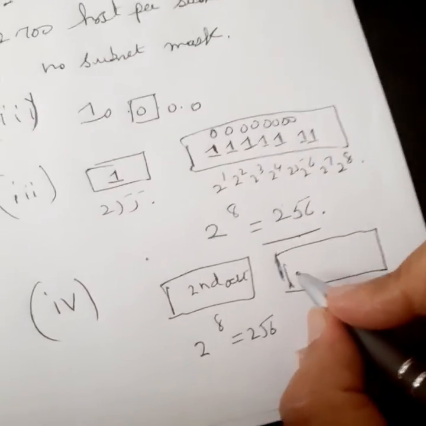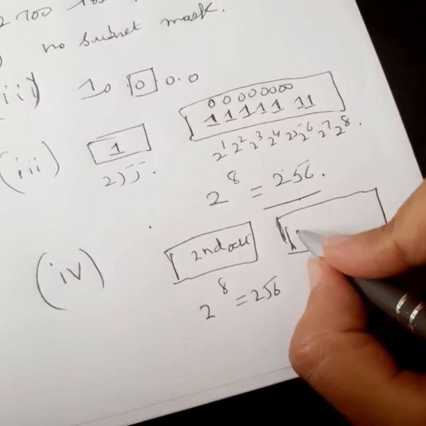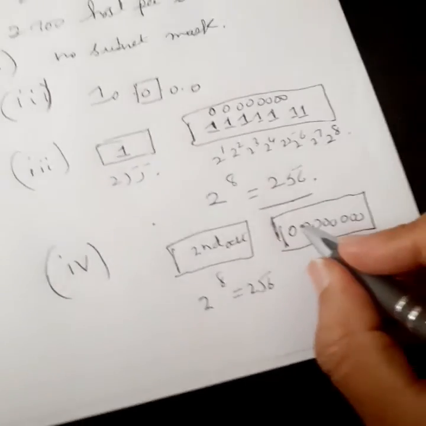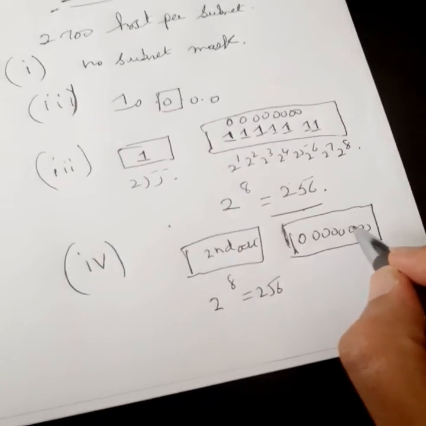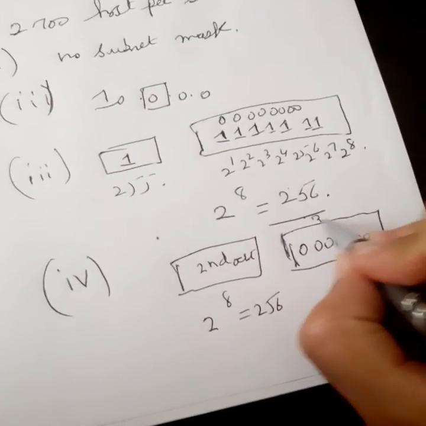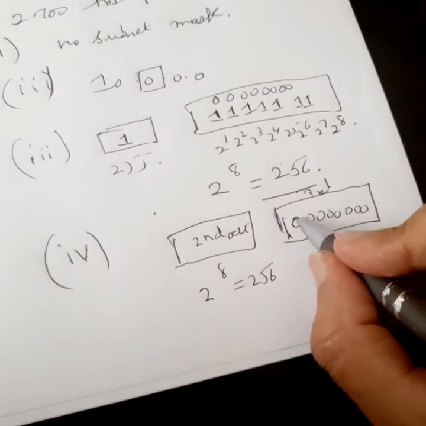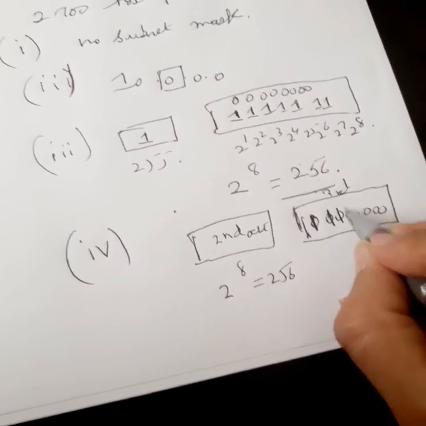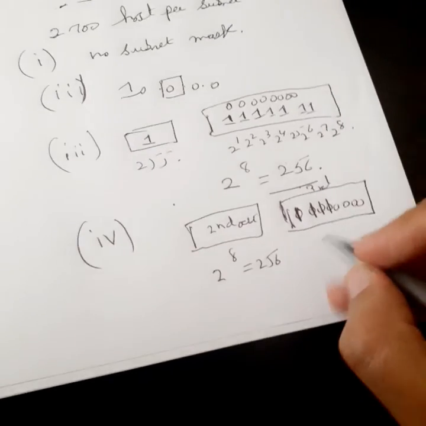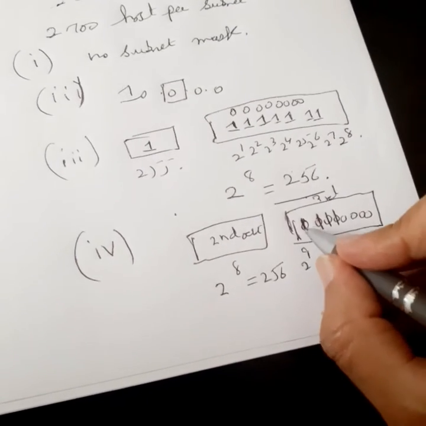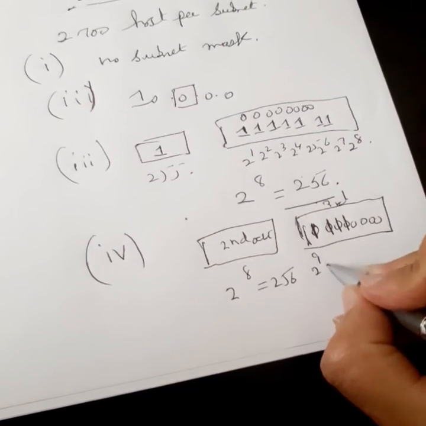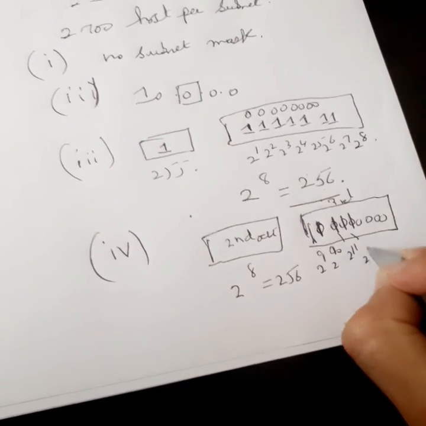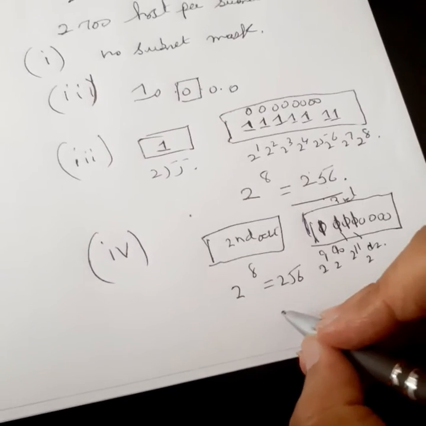Oh, sorry, yeah. So now, as we know, similarly, 1, 2, 3, 4, 5, 6, 7, 8. So we have 8 bits here as well in the third octet. So I'm going to start converting them to 1. So let's do this. 1, 2, 3, 4. You have to do the same process as well. So that's going to be 2 power 9, 2 power 10, 2 power 11, 2 power 12.